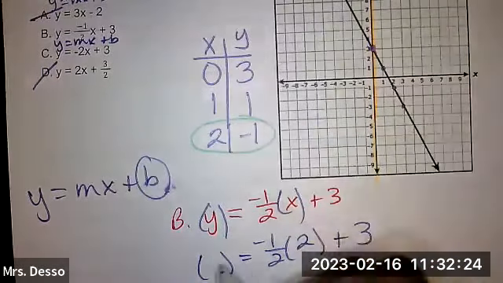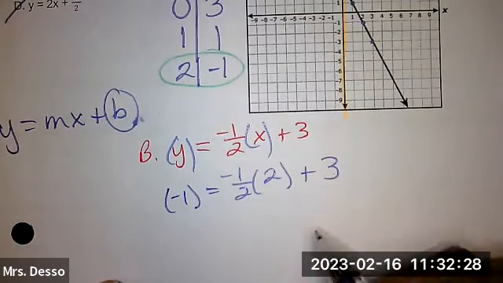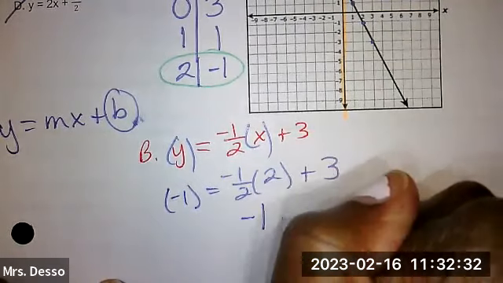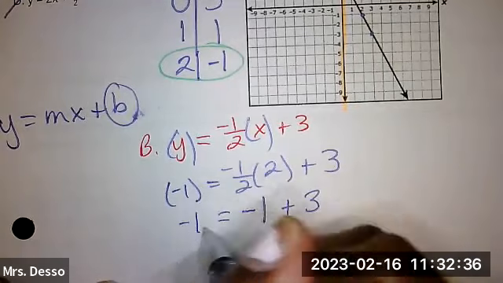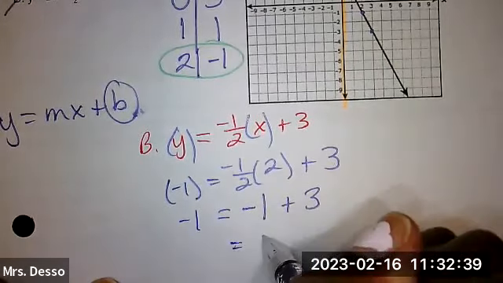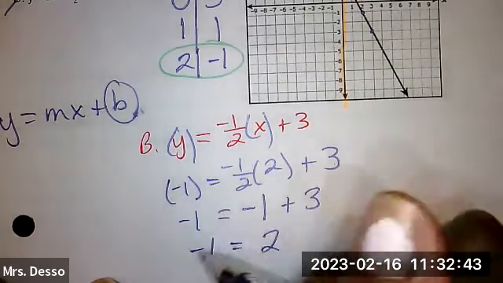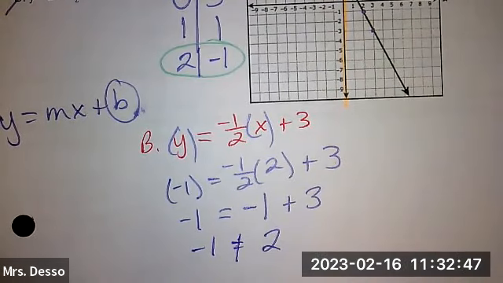Notice how the -1 is in the y column. If I take half of -2, I'll take half of 2. That'll give me 1, and it'll be a -1 plus 3. These signs are different, so I'm going to subtract. Use the sign of the greater absolute value. I will get a positive 2, which is not equal to -1. So B cannot be the correct answer.